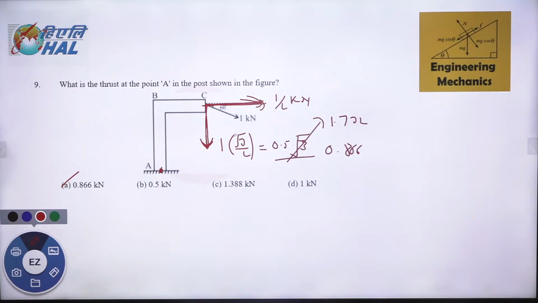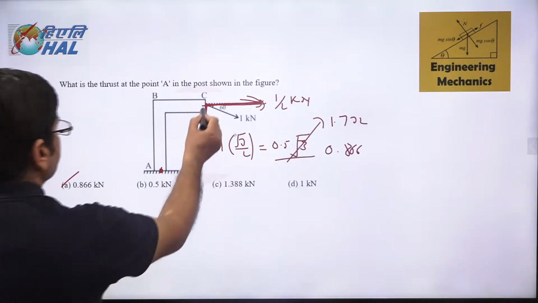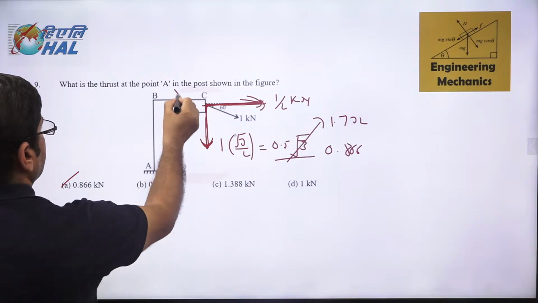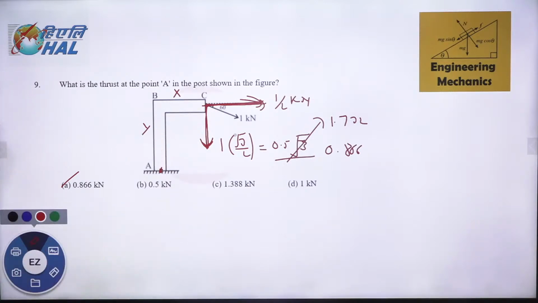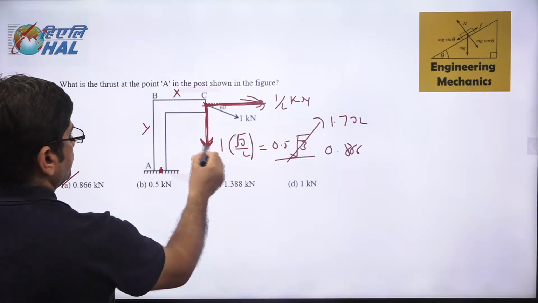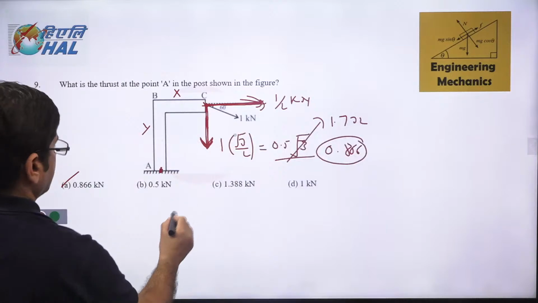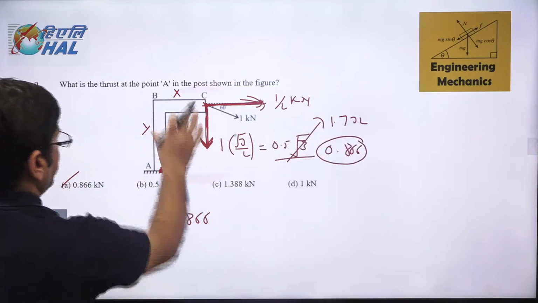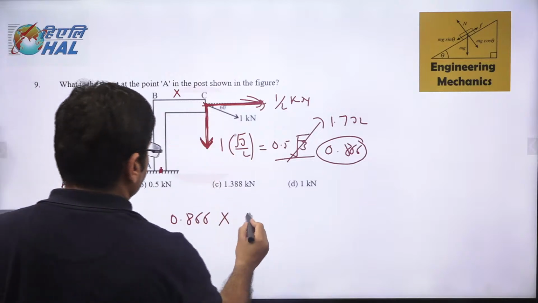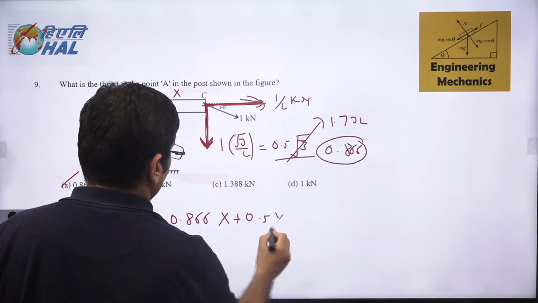But what is the moment? Any idea what moment this force produces at this point? You cannot find this moment unless I give you some dimensions. Let us say this is x, this is y. Now tell me what moment this produces on the point A. So the moment produced by this component, which is 0.866, is 0.866 into x, and that is clockwise, similarly 0.5 into y.